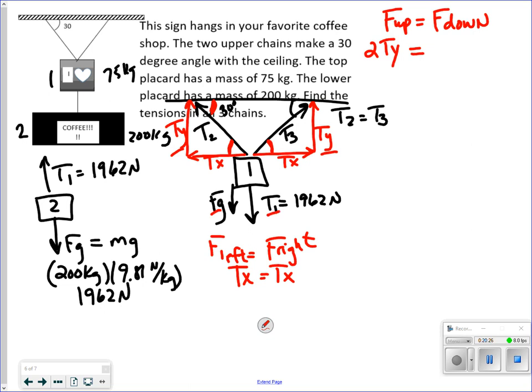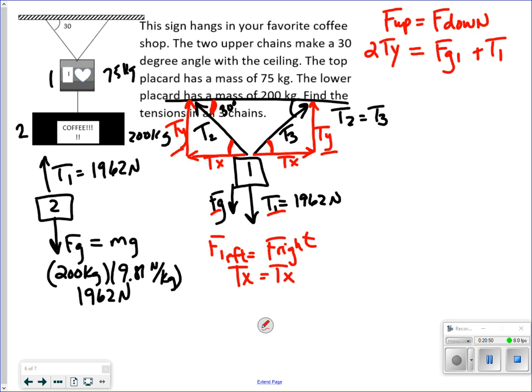FG and T1. So FG1, because it's for block number 1, and T1. Well, the good news is that I know T1, and I can find FG1. That's not so tough.